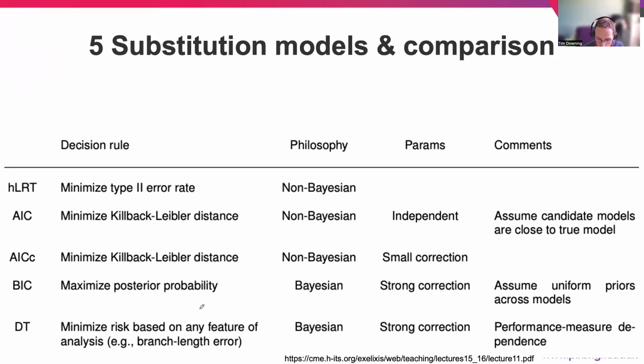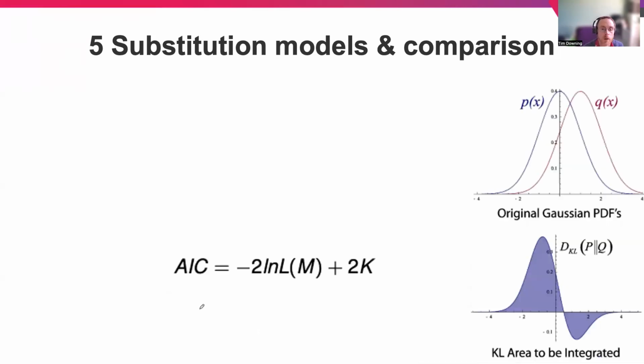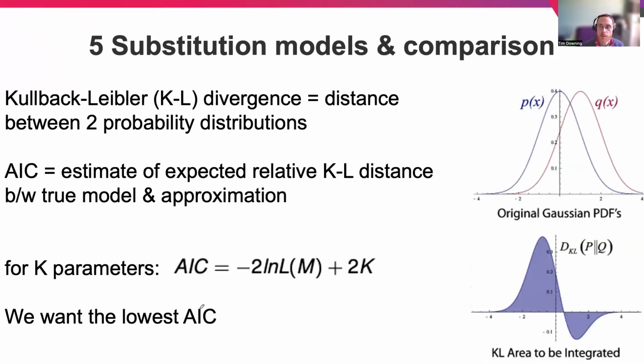So if you think about the Kullback-Leibler divergence, that's essentially looking at the differences between two different distributions. That is the sum of the area that is present in the blue distribution that's absent in the red distribution shown over here. So the AIC reflects that relative difference based on observed parameters.